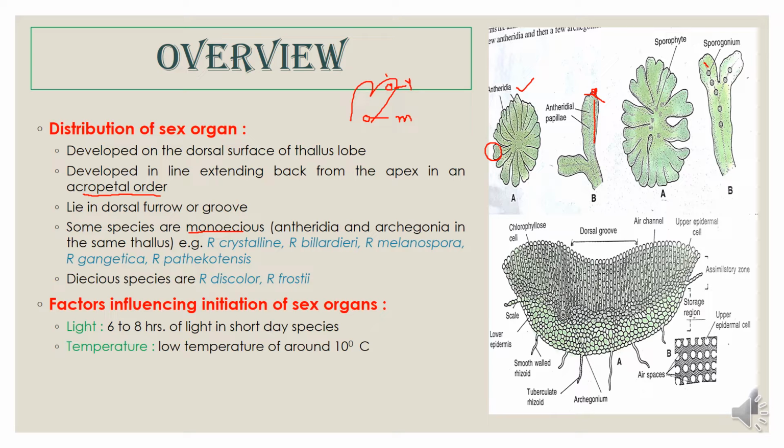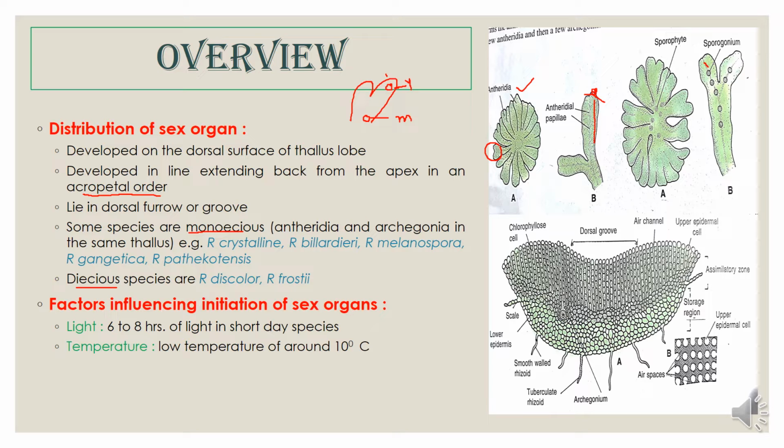And if different thalli bear a particular type of sex organ, that is antheridium in one thallus and archegonium in another thallus, that type of species is called dioecious. So Riccia has two types of distribution of sex organs: one is monoecious, another is dioecious. So this was the position and distribution of sex organs.